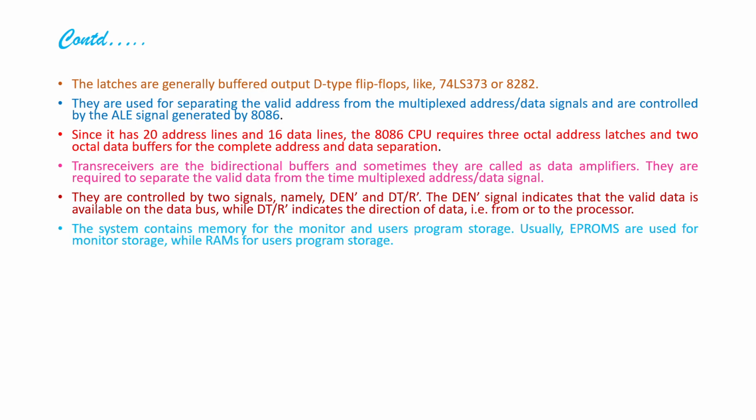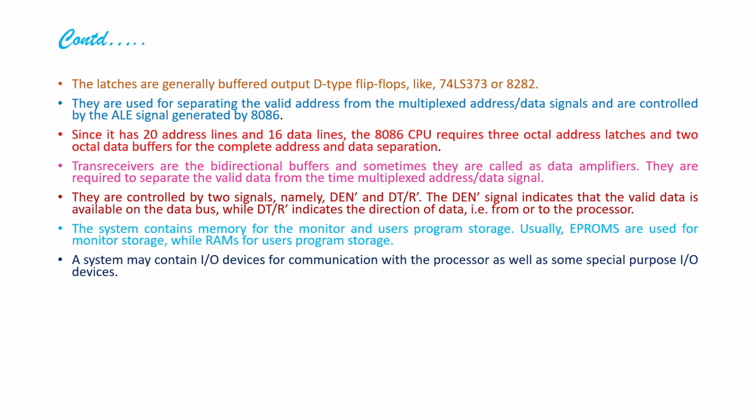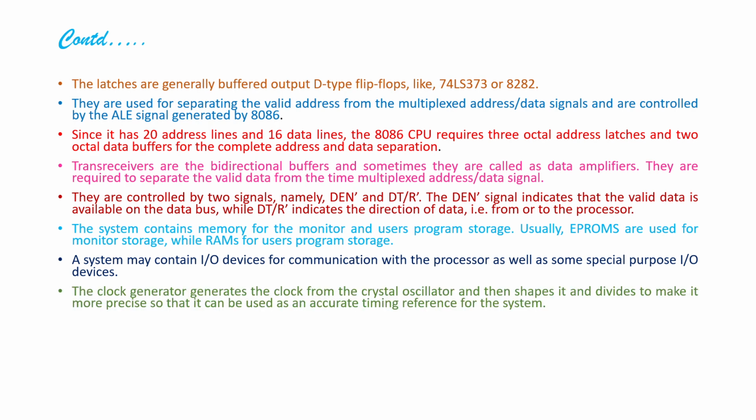The system contains the memory for the monitor and user program storage. Usually EPROM is used for the monitor storage, whereas RAM is used for the user program storage. A system contains the IO devices for communication with the processor as well as some general purpose IO devices.